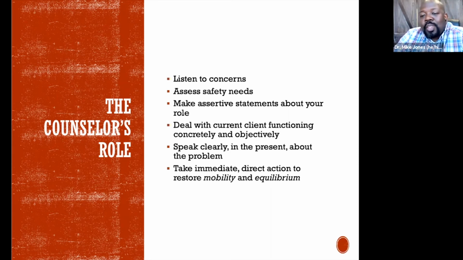Also, we want to deal with the current client functioning, and we want to know what all they can handle in this moment in time while they're in this crisis. And also talk about speaking clearly and in the present about the problem.